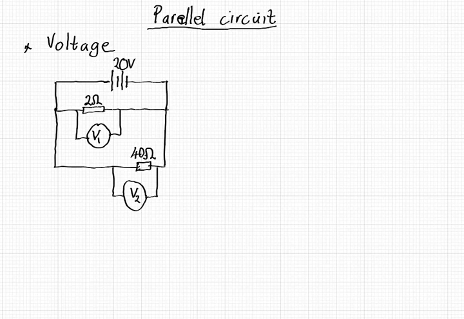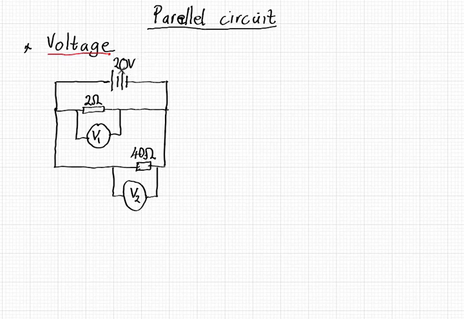Well, my friends, here is a parallel circuit. Now we are looking at voltage in a parallel circuit. Let's see how it actually works. So this is the voltage. Now this is the source voltage, the EMF, right?